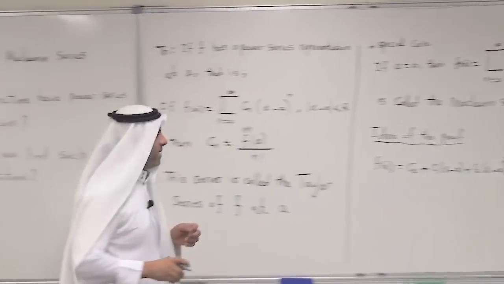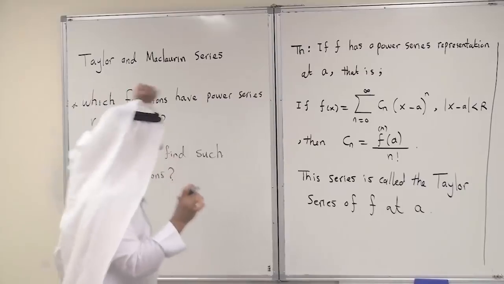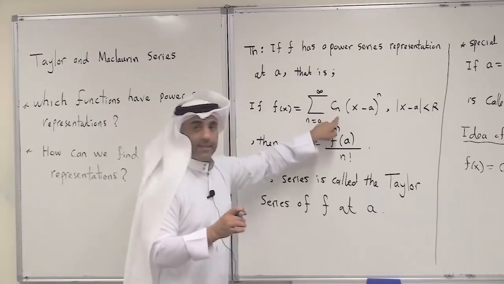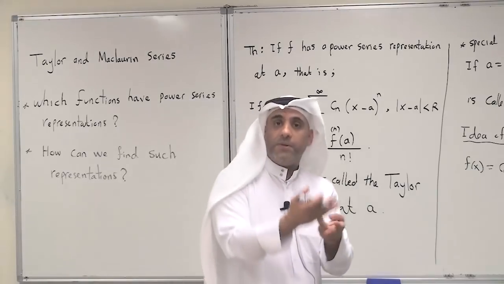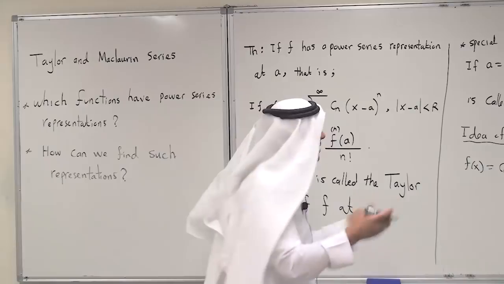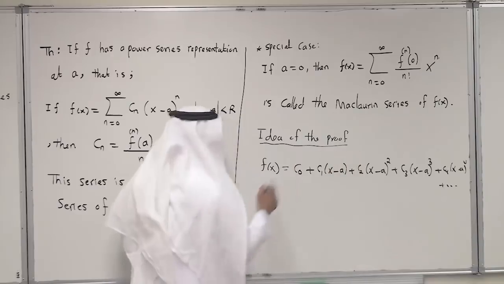What we are trying to do here is to figure out what are the coefficients. These are called the coefficients, Cn's. So we need to figure out what is C0, what is C1, what is C2, what is C3. That's the idea here. So how to get these values, C0, C1, C2, C3, C4?